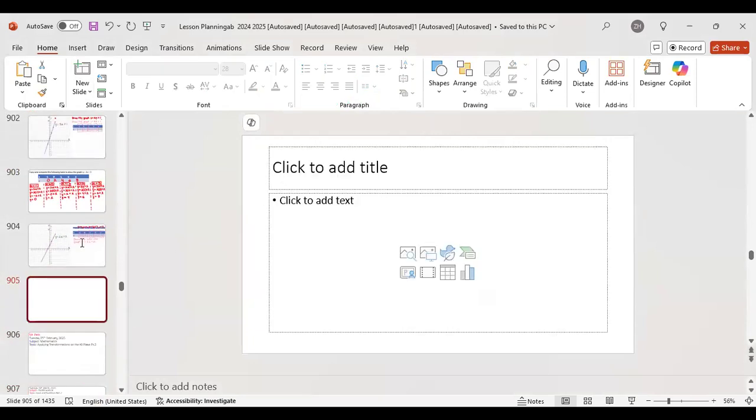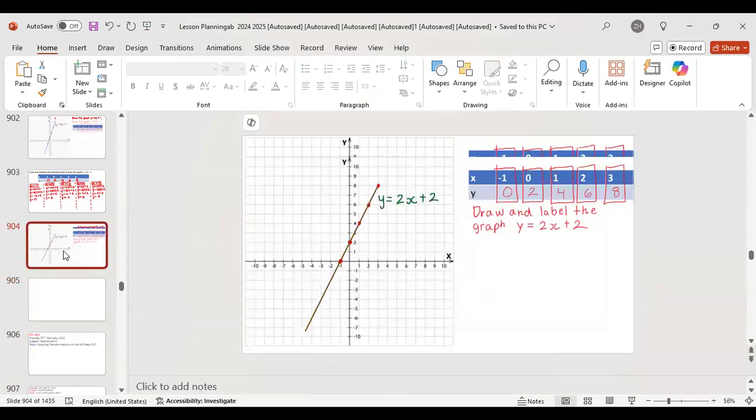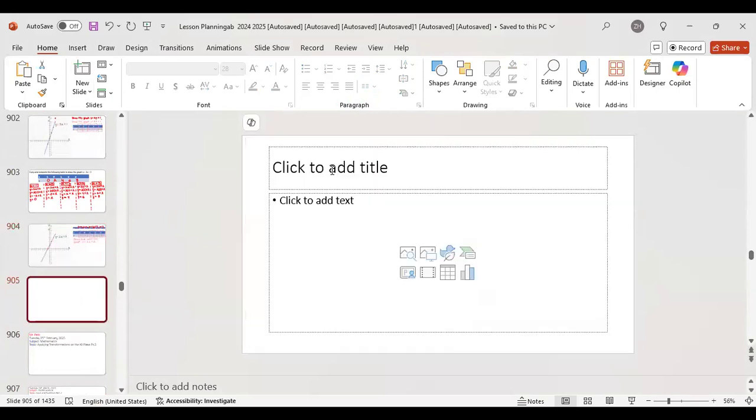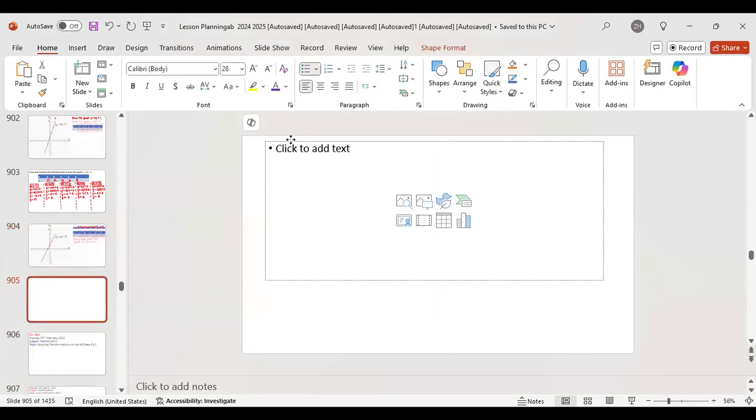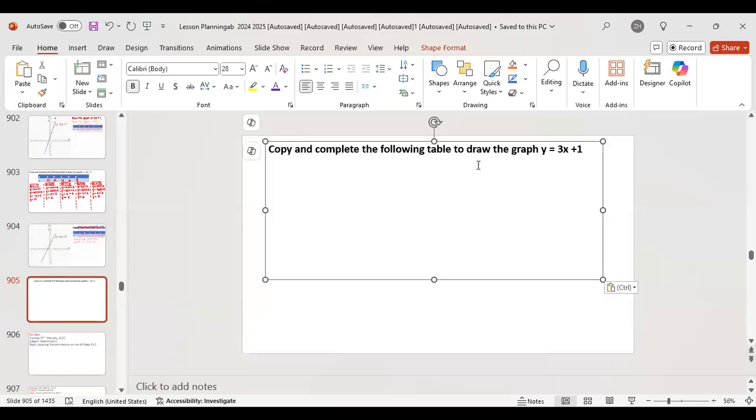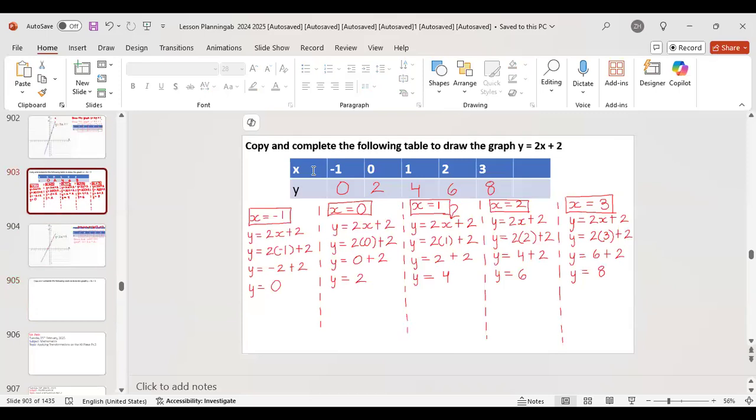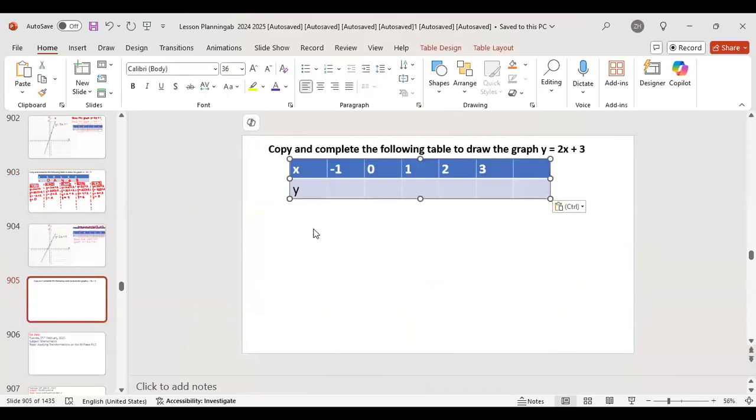We start by noting this is again a linear equation. It's going to be 2x plus 3. I want us to use our diagram to do this.